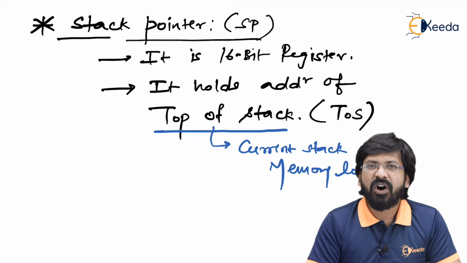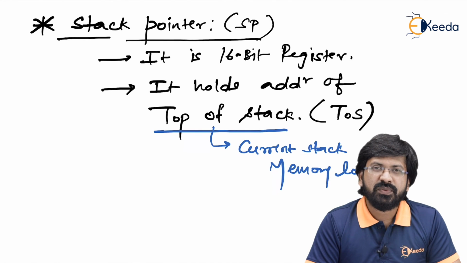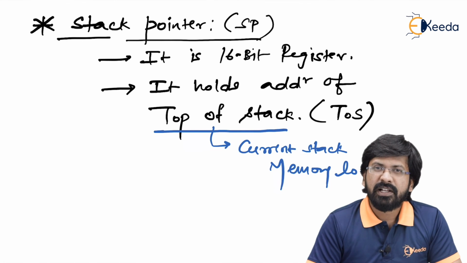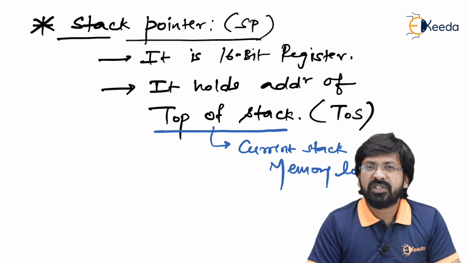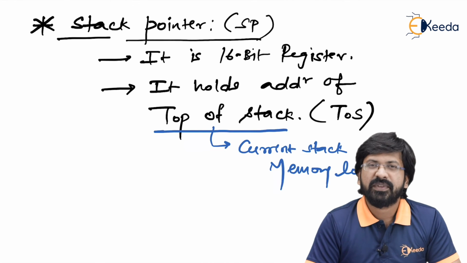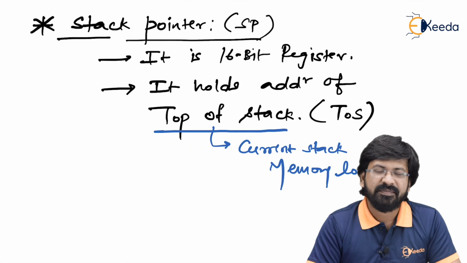In fact, they can form standard pairs when handling 16-bit data. Accumulator and flag register together are called the program status word, out of which we have studied the accumulator, and we will be learning the flag register in the next video. Meanwhile, we have also seen the stack pointer as well as the program counter. The program counter is a 16-bit register which will always hold the address of the next instruction to be executed, whereas the stack pointer holds the address of the top of the stack. Thank you.